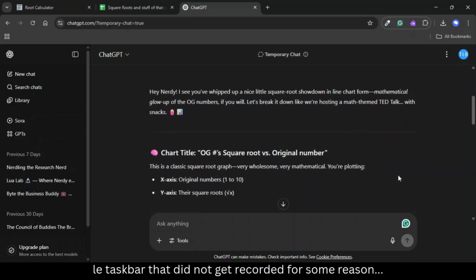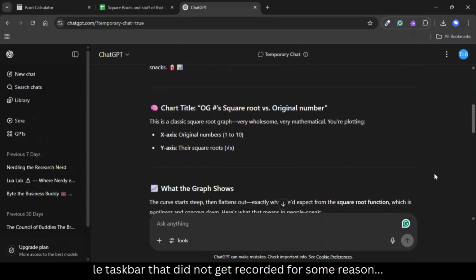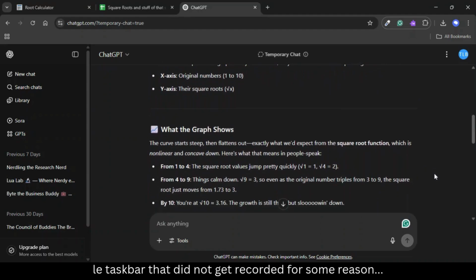You're plotting x-axis, original numbers 1 to 10, y-axis, their square roots. What the graph shows: the curve starts steep but then flattens out. Exactly what we'd expect from the square root function, which is nonlinear and concave down.